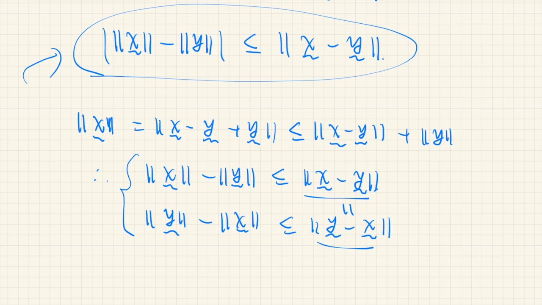So therefore, by combining these, we have this second triangle inequality. And by using this, we can prove the continuity of the norm, actually, which can also be proved as a corollary of the continuity of the inner product. But anyway, let's do it.